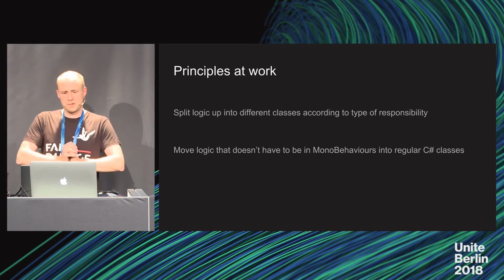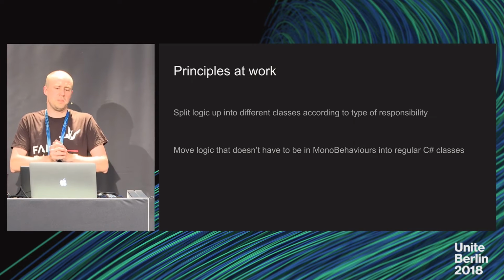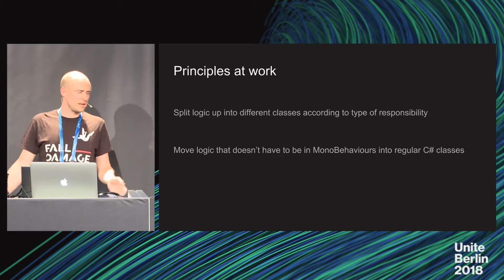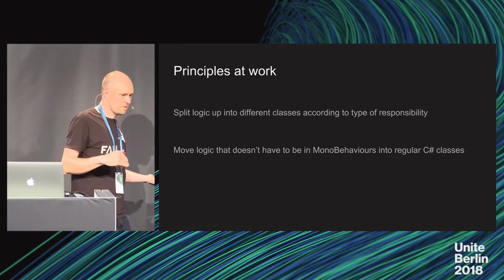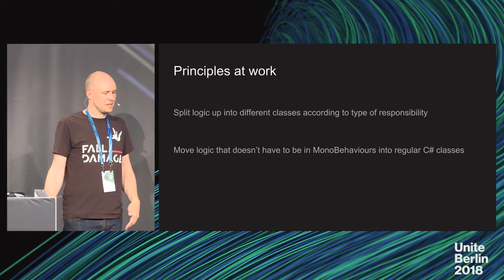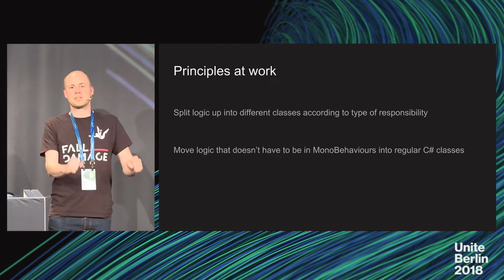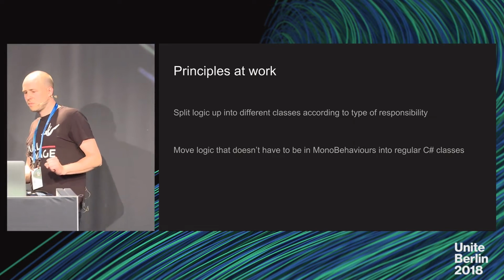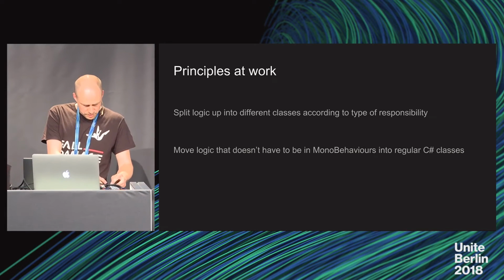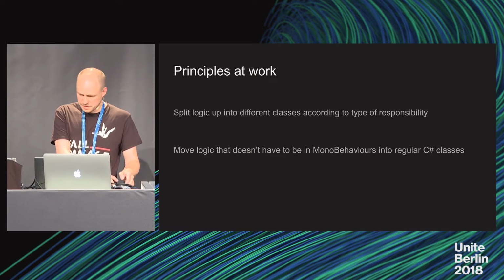So the principle that will apply is to try splitting logic up depending on the type of responsibility. And anything that's in MonoBehaviours that doesn't need to be there, we'll shuffle over into regular C# classes.